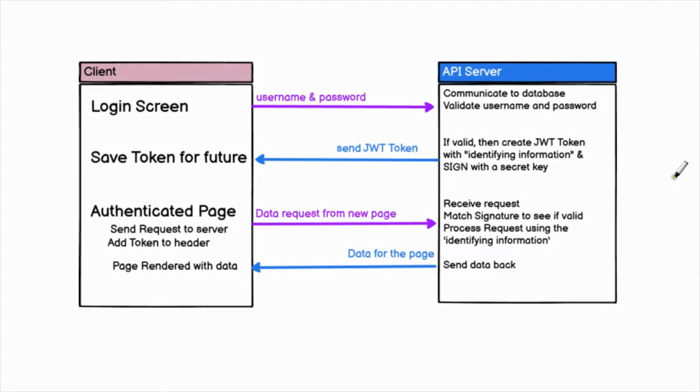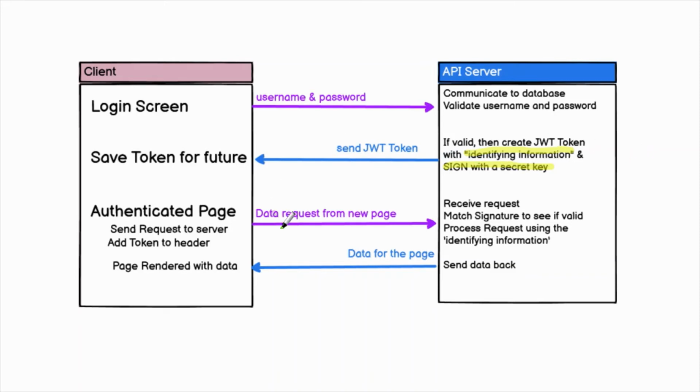So as we see, the JWT token stores some identifying information, which we will from now on call the payload. Then the token is signed with a secret key and sent to the client.